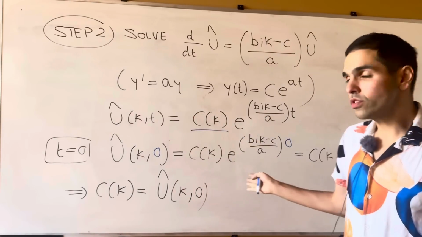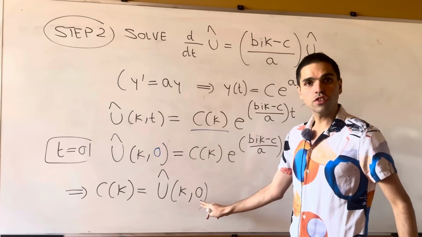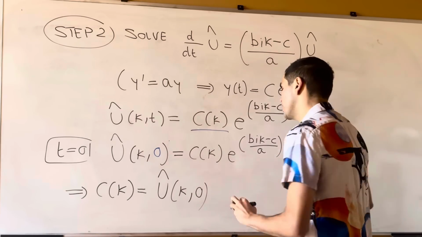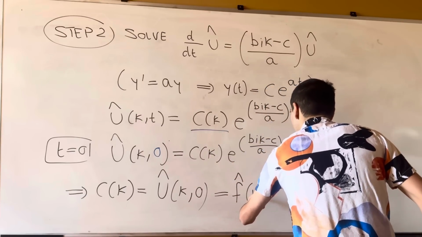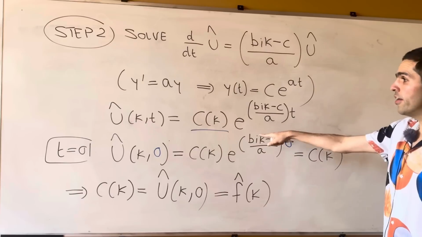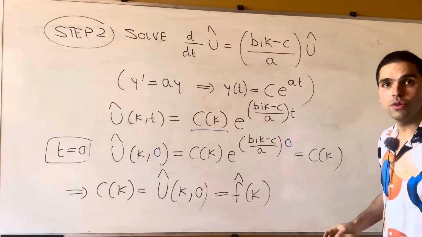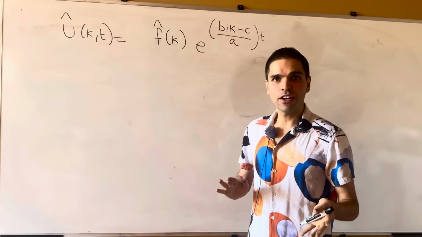But if you use the definition of the Fourier transform here, the definition of u hat, then you'll see it's just the Fourier transform of the initial condition. So it's the same thing as f hat of kappa. Which is good, because now we actually have a super explicit definition of u hat. Okay, so just to remind you, what have we found so far?